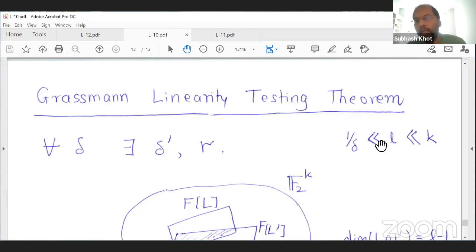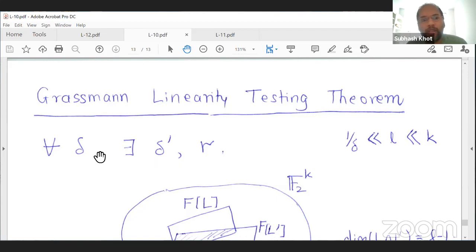And then this parameter L is thought of as a sufficiently large constant, maybe like 1,000 or 2,000. And then after you fix a choice of L, the global dimension k is thought of as an even much larger constant, like 10,000.